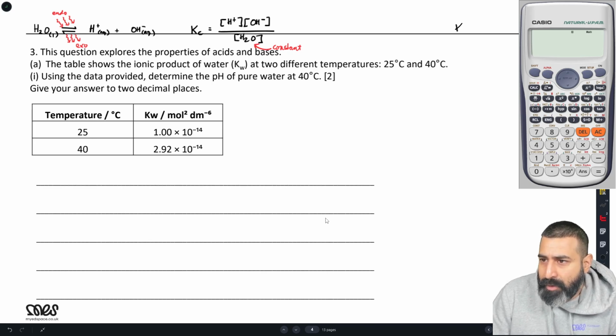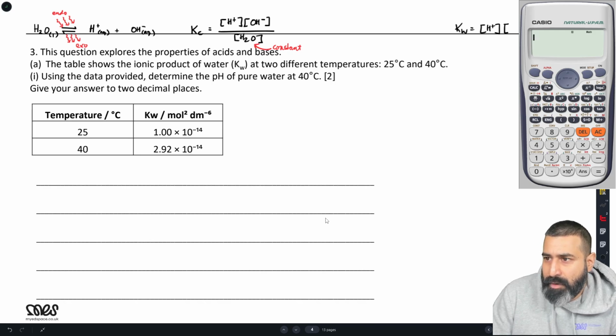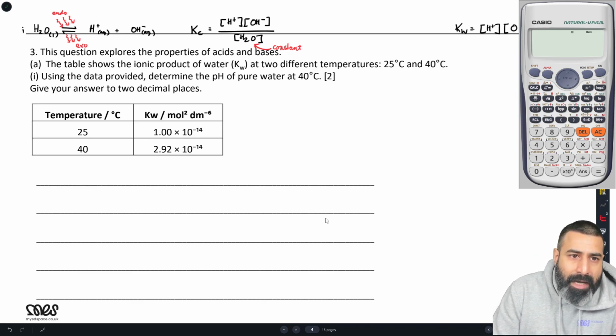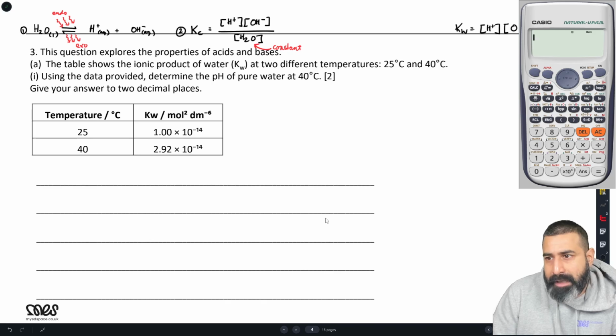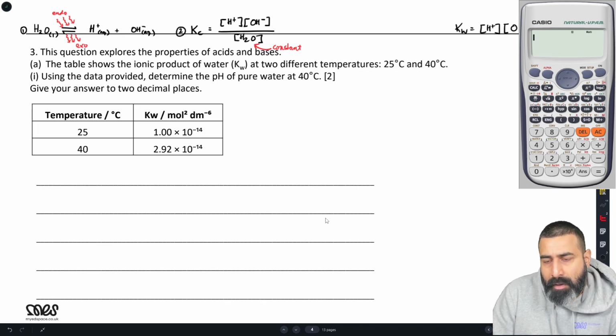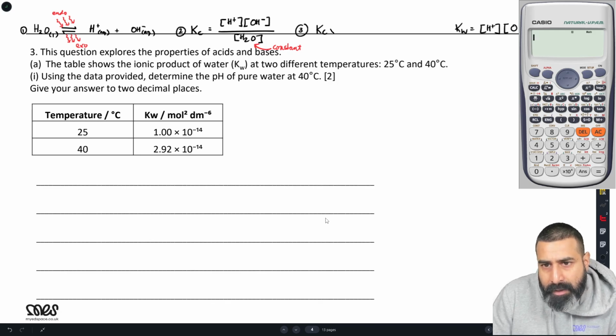Because Kw is given as the concentration of protons multiplied by the concentration of hydroxide ions. So how do we go from Kc to Kw? Well, what we can do is multiply through in equation number 2 by the denominator term on the right hand side. So we can multiply through by the concentration of water.